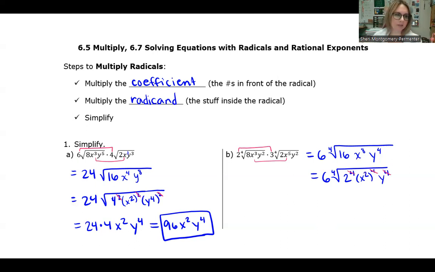Am I going to have anything left underneath the radical? Nope. Could I have something left under the radical, like if it was a different type of problem? Sure, I could. I just don't. All right, so out in the front, I end up with 6 times 2 or 12, and I have an x squared and a y.